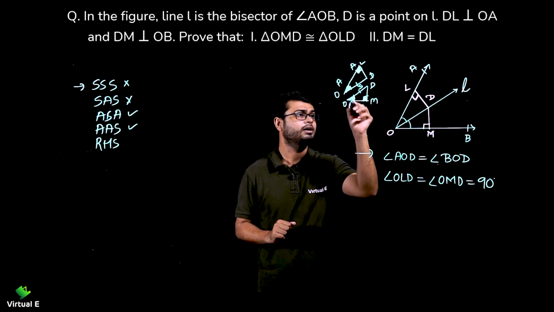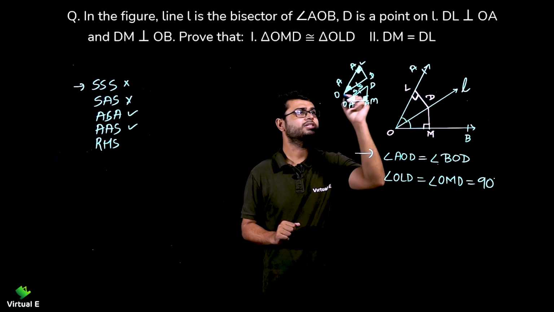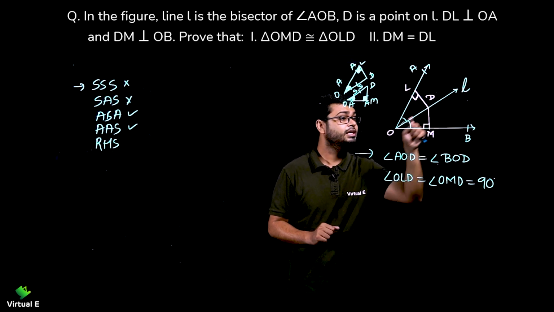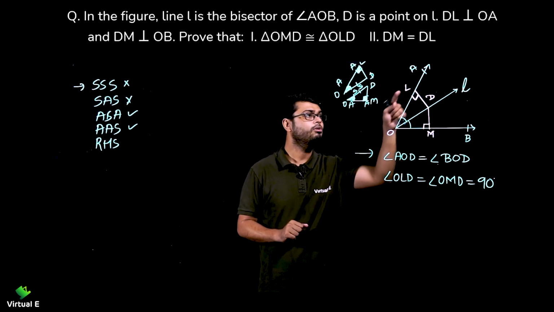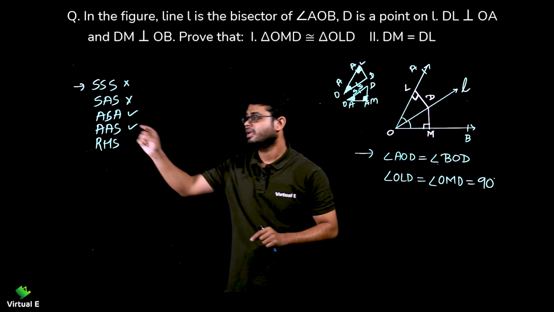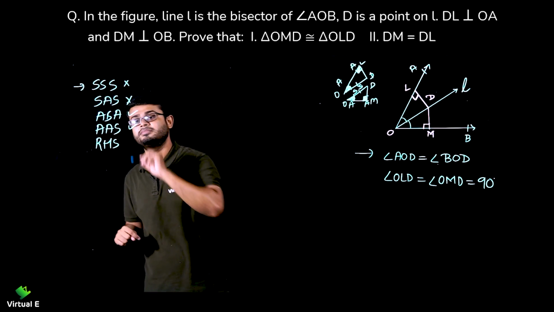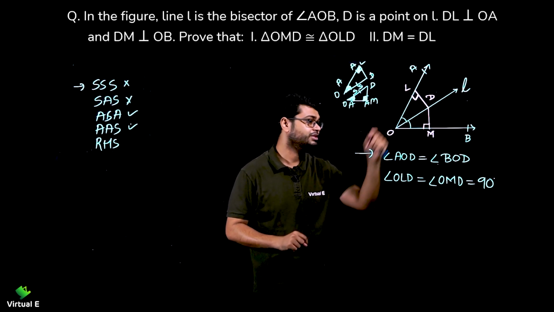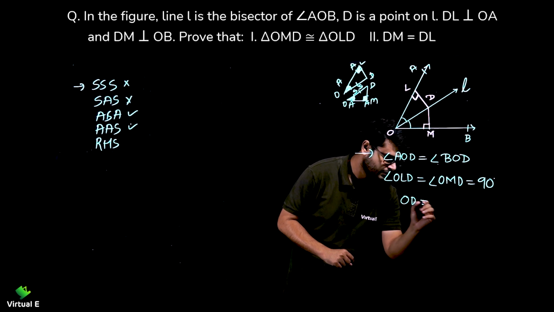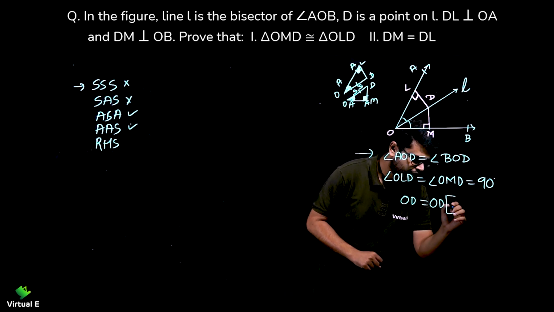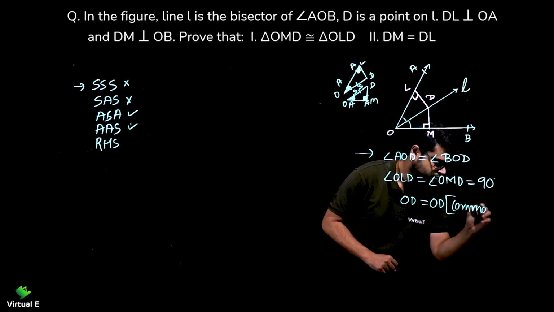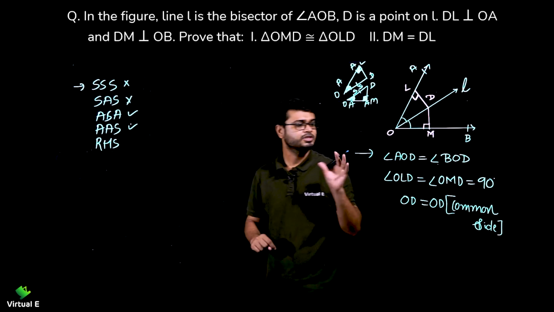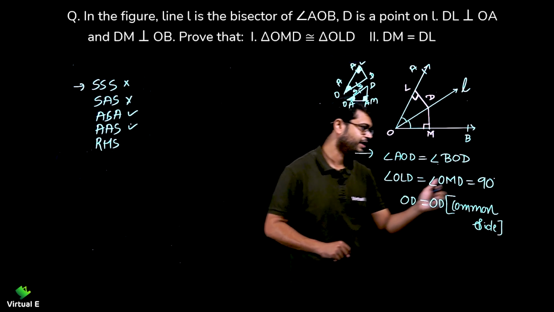Same goes over here: angle, angle, and side, and the side is in contact with only one angle. So this is the AAS criterion. So let's write OD is equal to OD, common side.